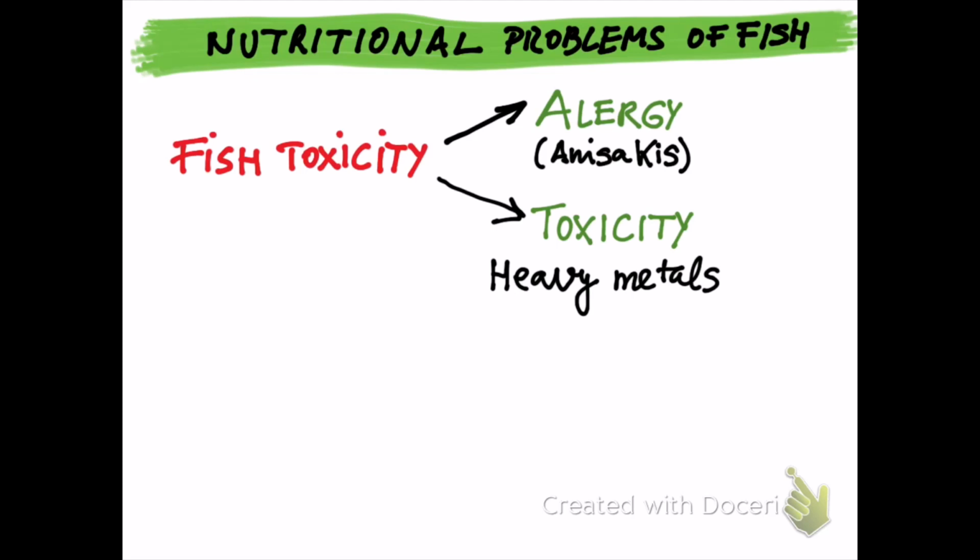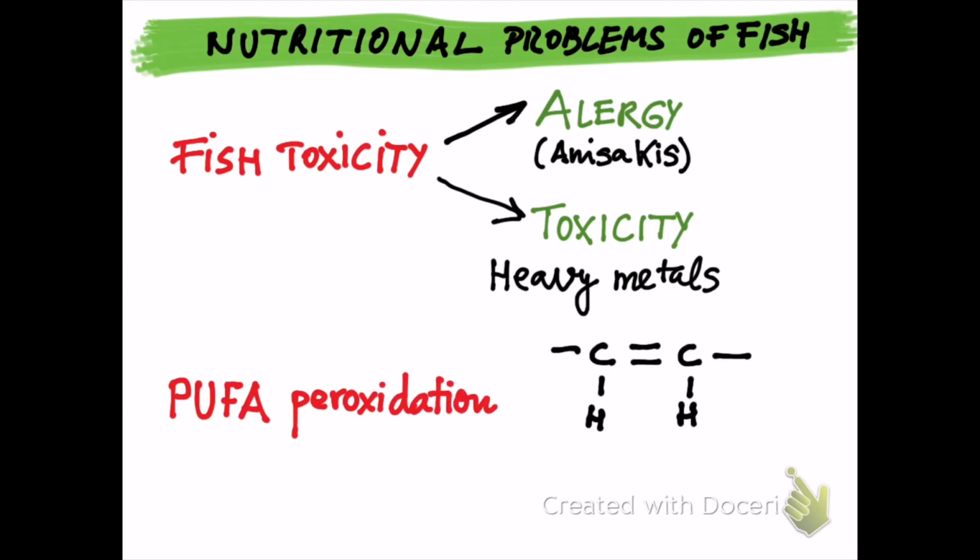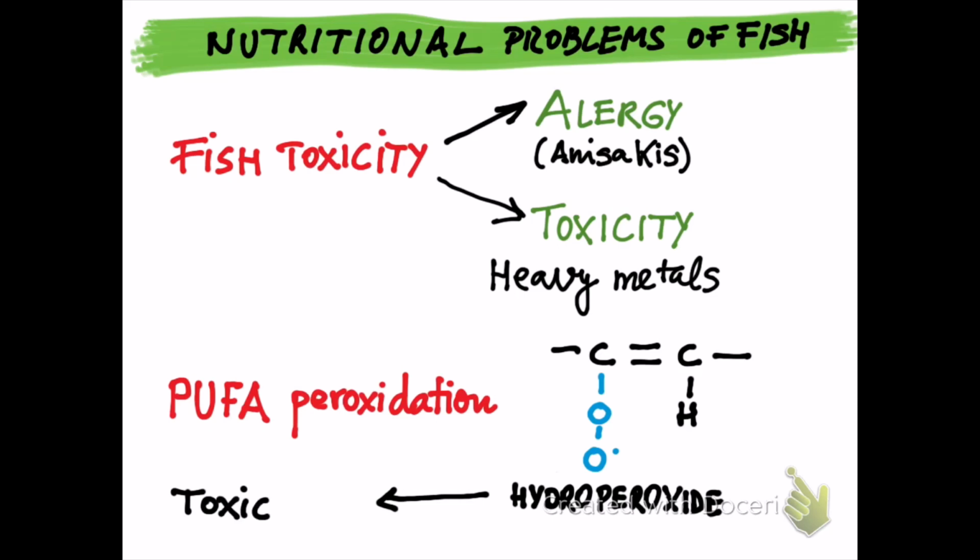There is also a risk of peroxidation of polyunsaturated fatty acids, which can lead to the formation of toxic compounds like hydroperoxides. Despite these problems, moderate fish consumption is recommended, as the polyunsaturated fatty acids it provides are essential for our health.